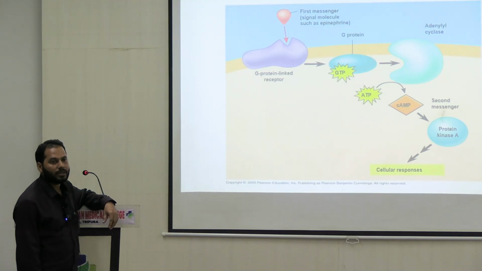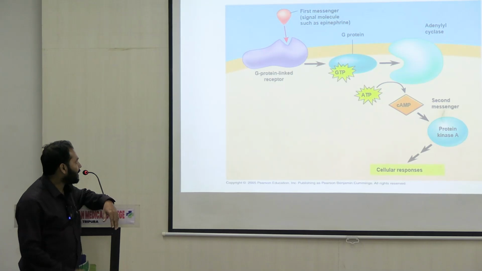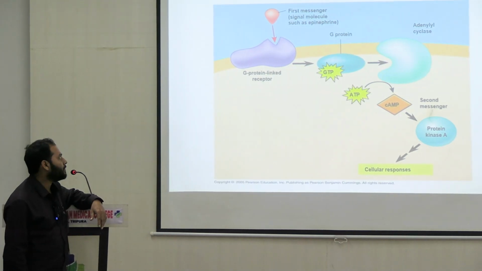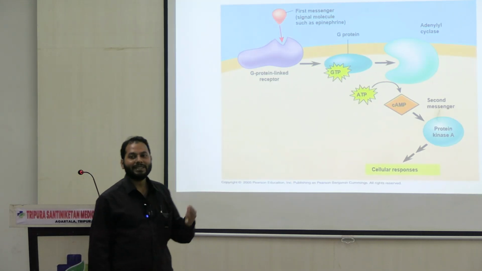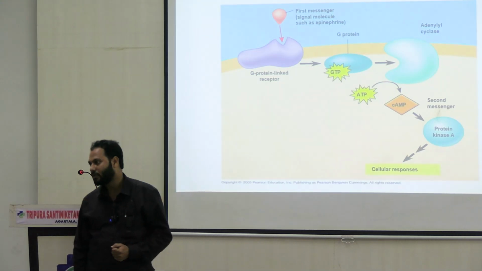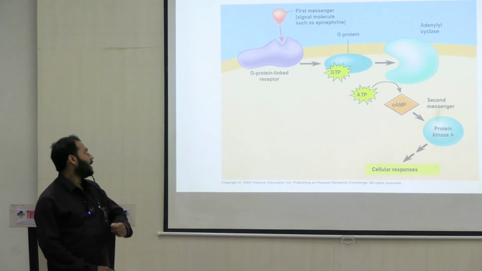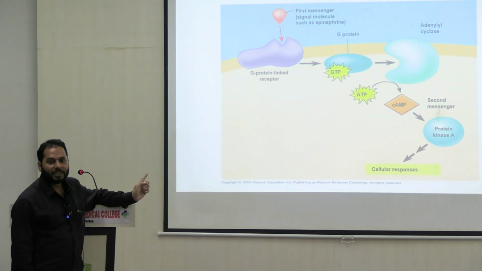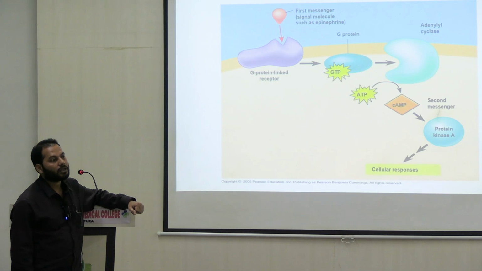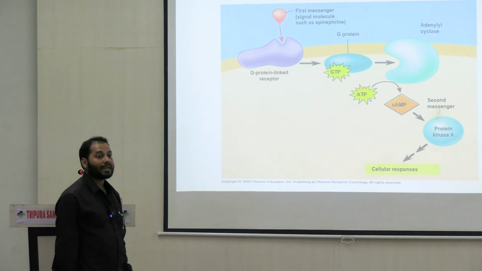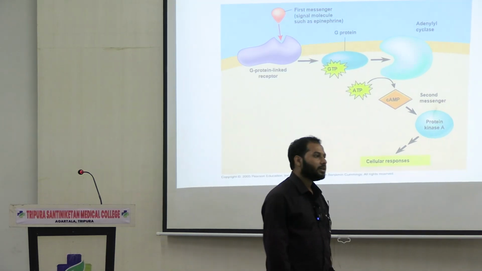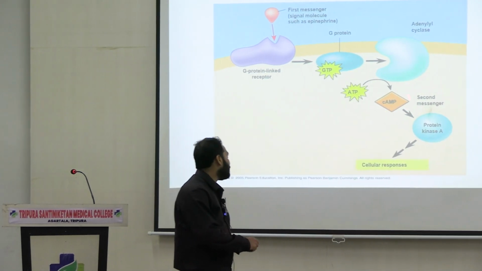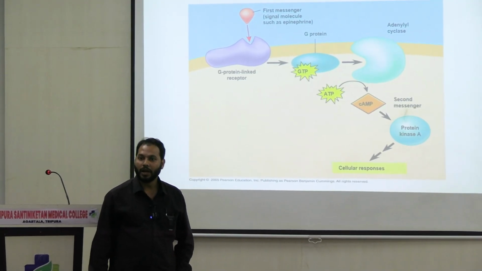I've already mentioned that G proteins are involved in the GPCR pathway, and this activated form of G protein activates an enzyme present inside the cell membrane called adenylyl cyclase or AC, and that activation of AC is very vital in the signaling cascade because this enzyme catalyzes the conversion of ATP, the formation of the second messenger from ATP, right?